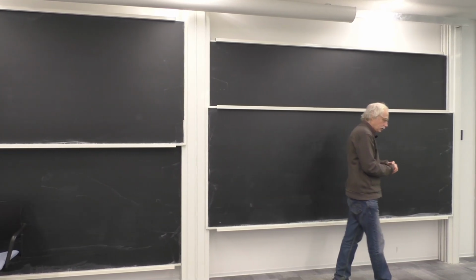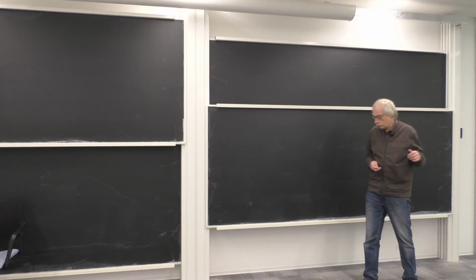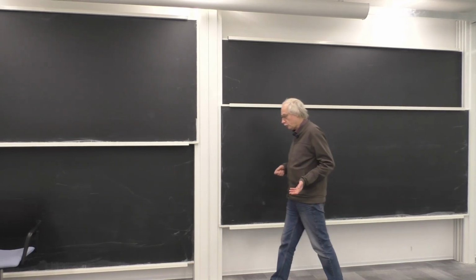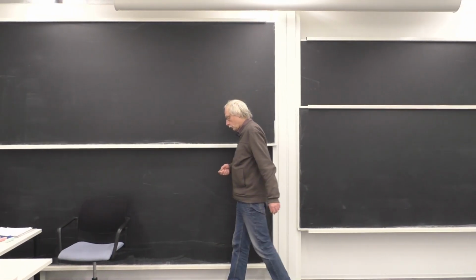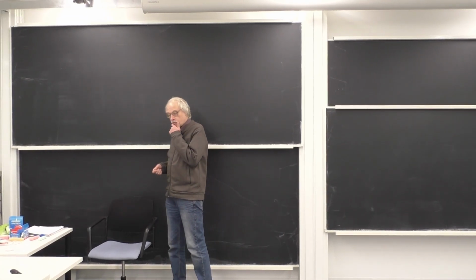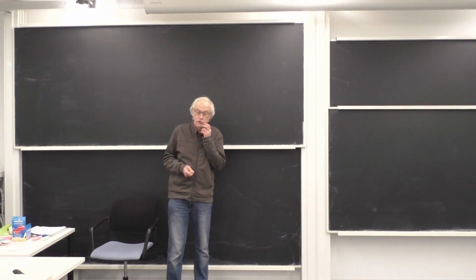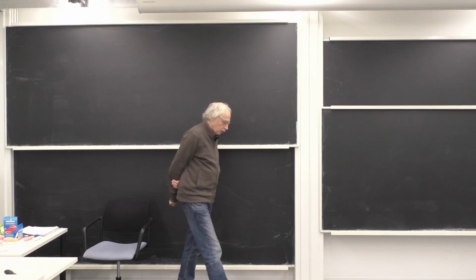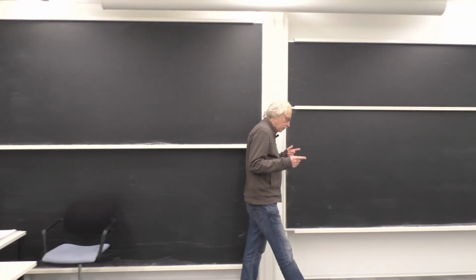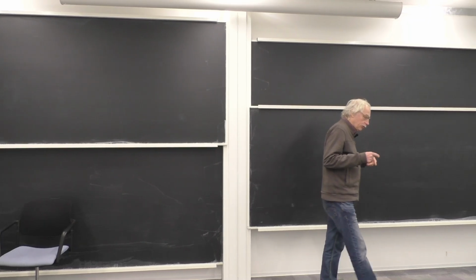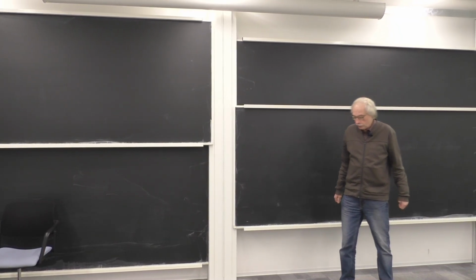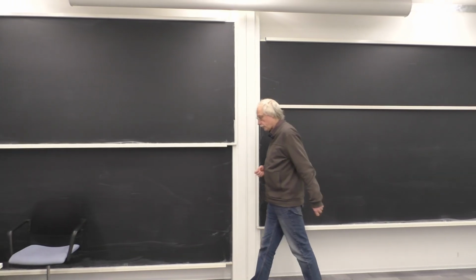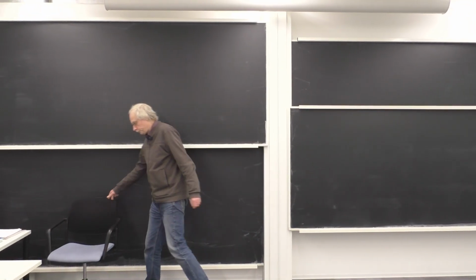Today we will discuss the most general many-body systems of Calogero-Moser type, elliptic, with elliptic interaction, when the potential of interaction between particles is given by the Weierstrass P function.